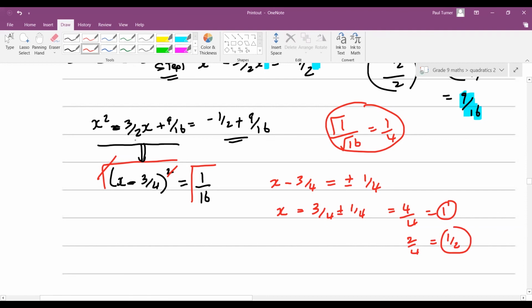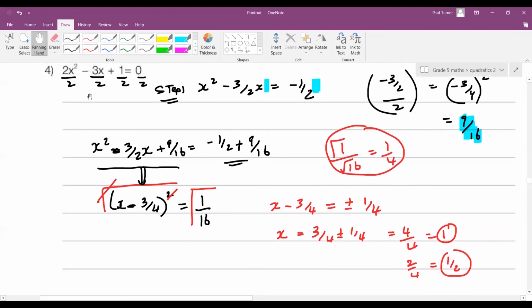Now you could have factorized that question actually. If I was giving you this in a test and asked you just to solve it, you wouldn't do it this way, it's too long. You've got 2x squared minus 3x plus 1 equals 0.